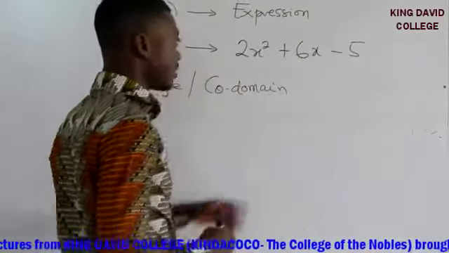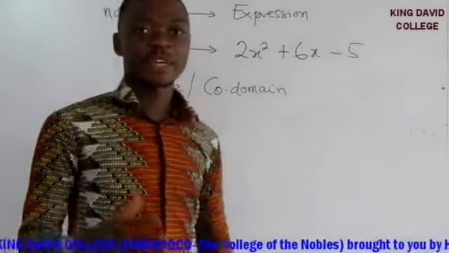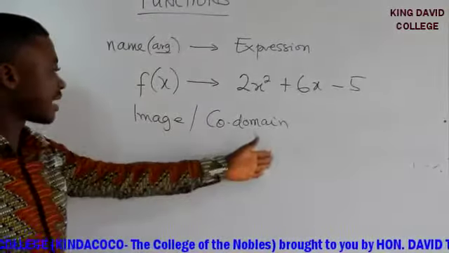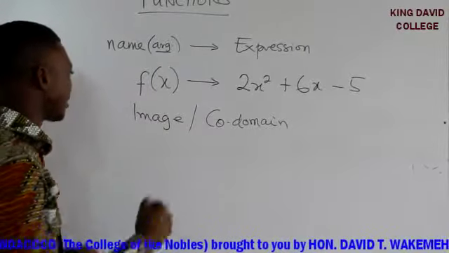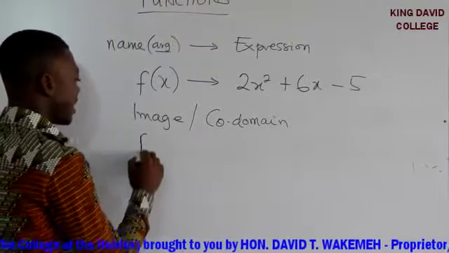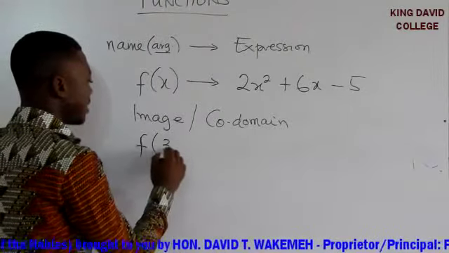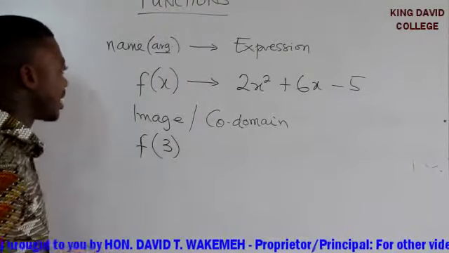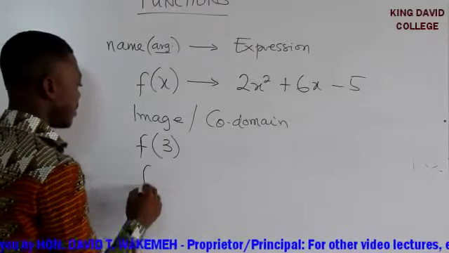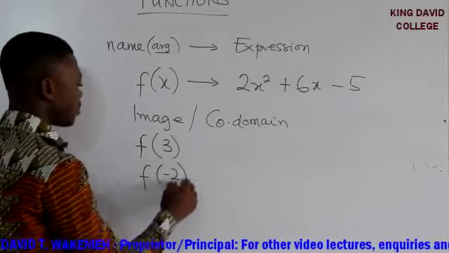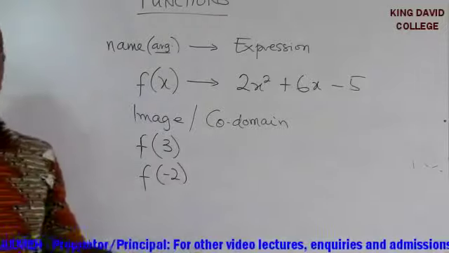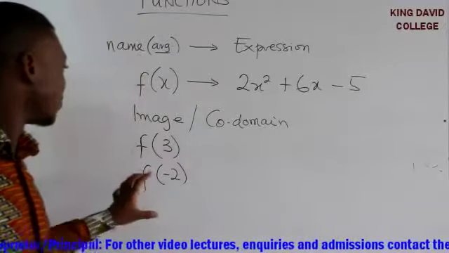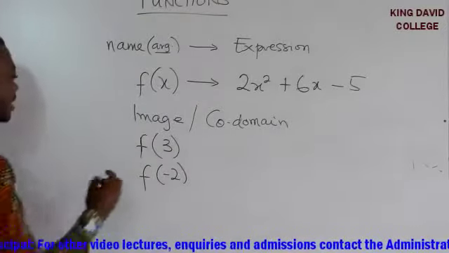Let's say I'm giving you this and I ask you to find the image, just like the same question. Find f of 3 and then we will find f of minus 2. So these are the two questions given to me.